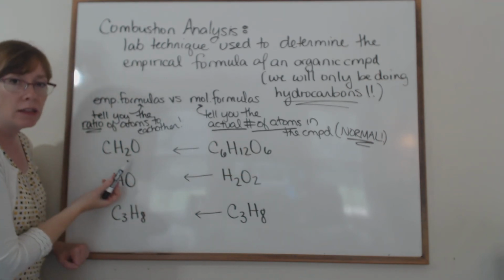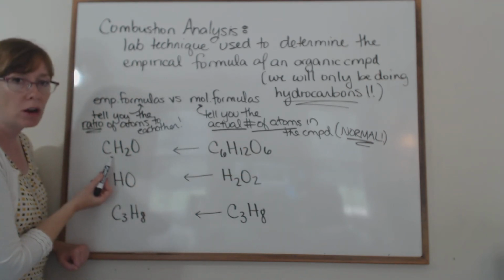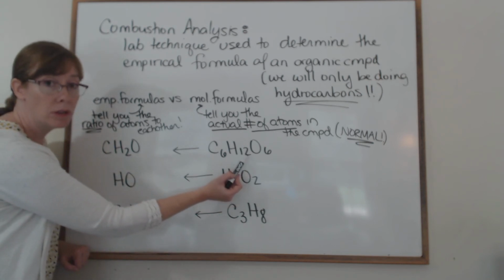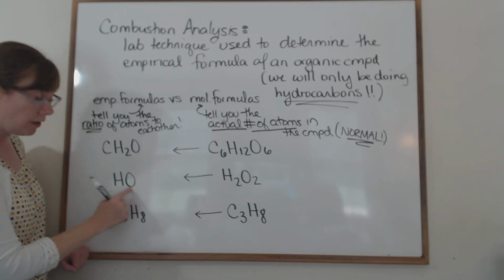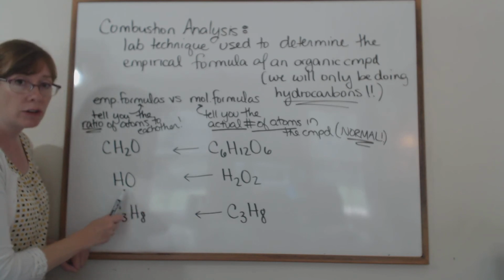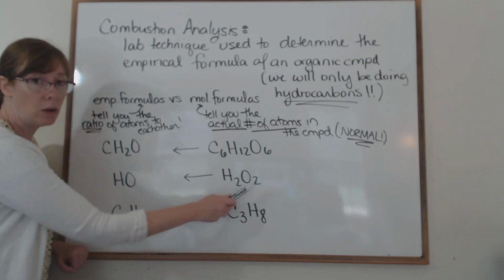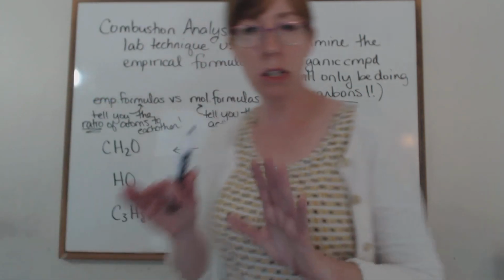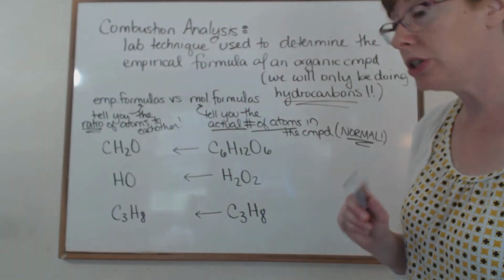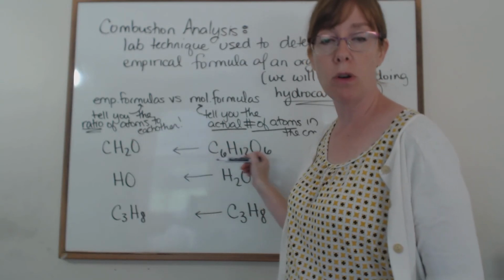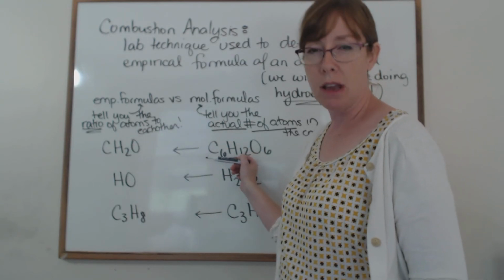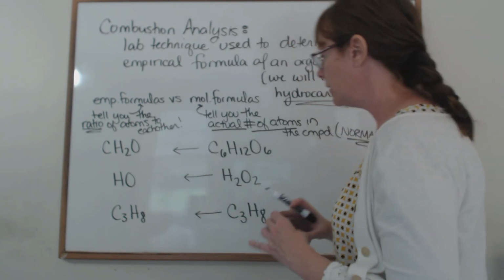So for instance, there are 2 hydrogens for every 1 carbon. That's actually true. There are 2 hydrogens for every 1 carbon and for every 1 oxygen there. For hydrogen peroxide, the ratios are equal. You can see that they are equal. So empirical formulas are all just about ratios. So that's one thing that will show up on your test. Can you figure out an empirical formula from a molecular formula? It's just divide by the greatest common factor or whatever the word is.